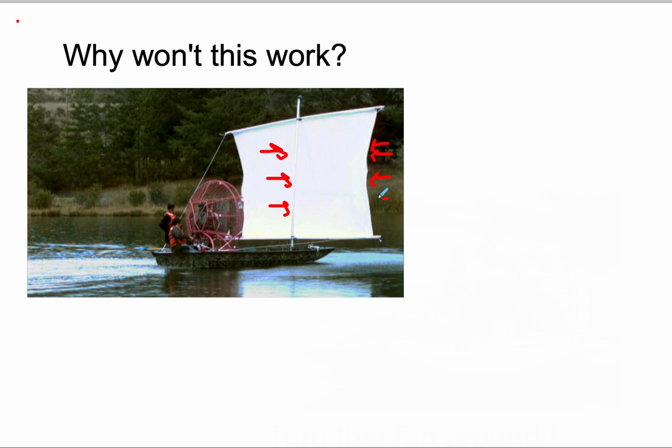This sail is attached to the boat, and this fan is attached to the boat, so the fan's pushing out air, the air's pushing back on the fan. All of these forces are going to end up canceling out, because I have air going this way, I have air going this way, so nothing will work.